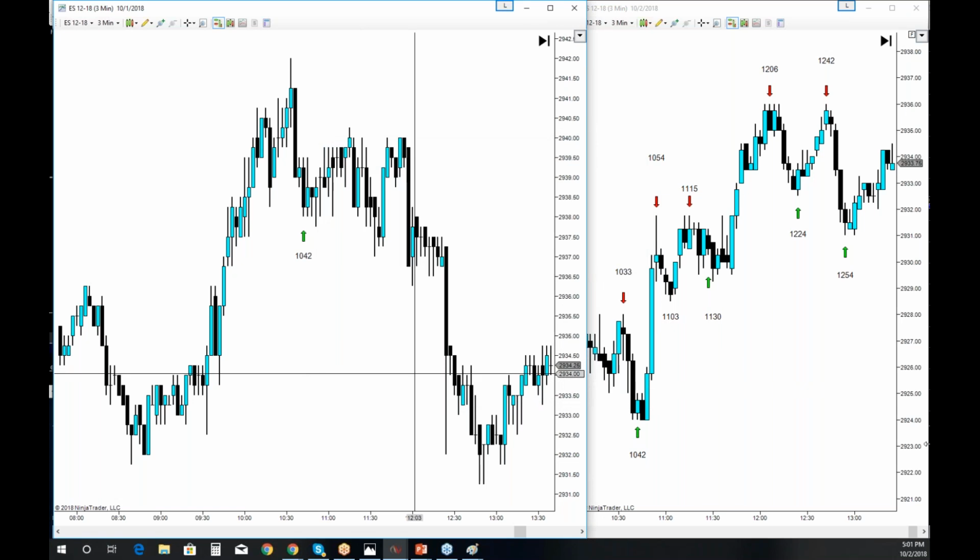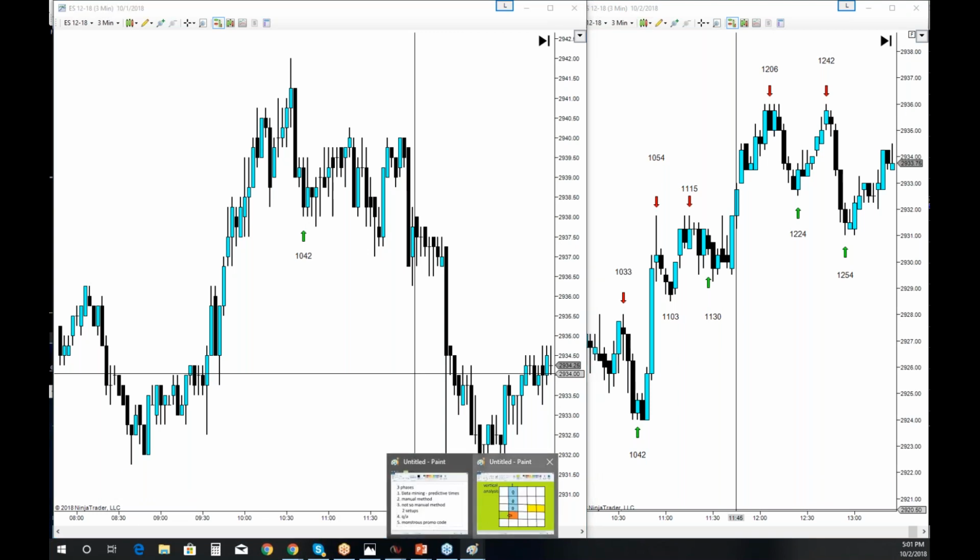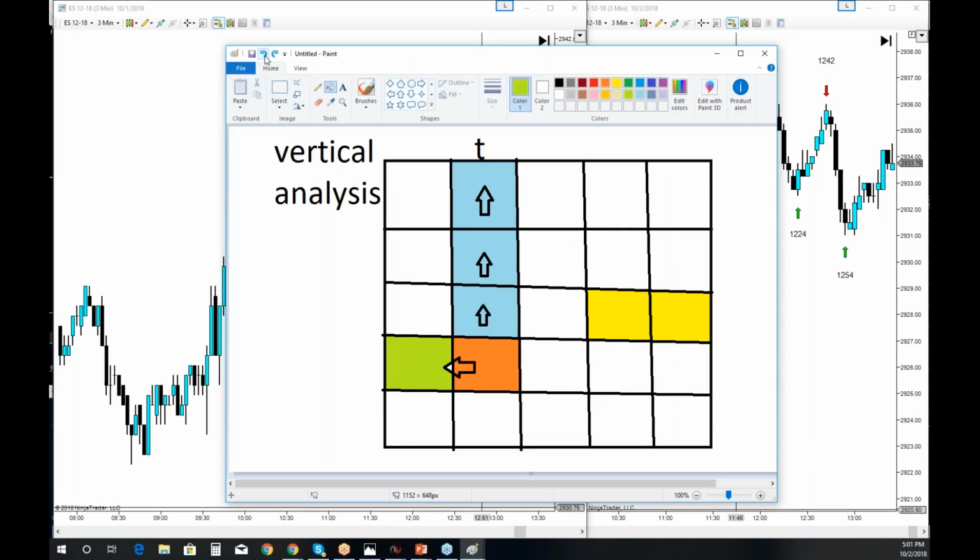So 1 week ago, 1042 was a bottom, specific to a weekday. Yesterday, 1042 was a bottom. Today, 1042 was a bottom. So Linda, do we have permission, statistically speaking, to make an assumption about next week?